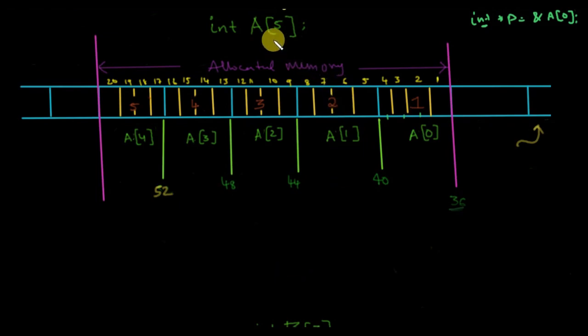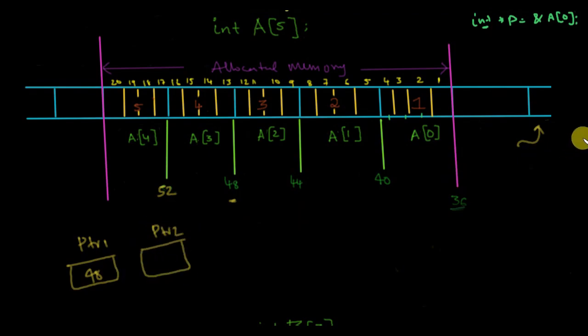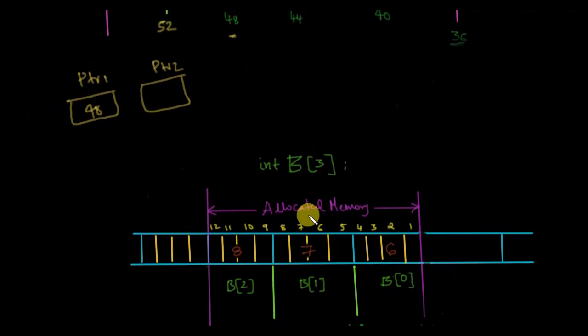Now what happens if I subtract a pointer from a pointer of two different arrays? For example, there is an array A5 in which, in pointer ptr1, I am taking the address 48. In ptr2 I am taking the address of another array, for example b2.